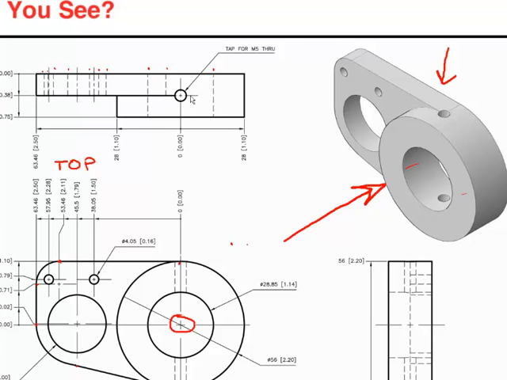So we have 10 hidden lines running all the way across. Now keep in mind a center line, which is the long, short, long, which shows the center axis of a hole, is not a hidden line. Hidden lines start and stop at the edge of a visible line or another hidden line. Okay, so we have 10 hidden lines.